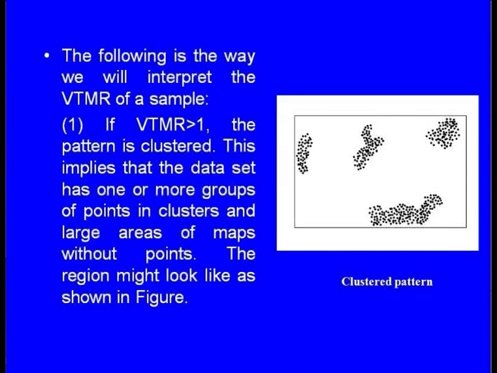This implies that the data set has one or more groups of points in clusters and large areas of the map without points. This might look as shown in the adjoining figure, wherein we find that the points are appearing in small groups, and in between the groups there are no points lying. This is what we call a clustered pattern.